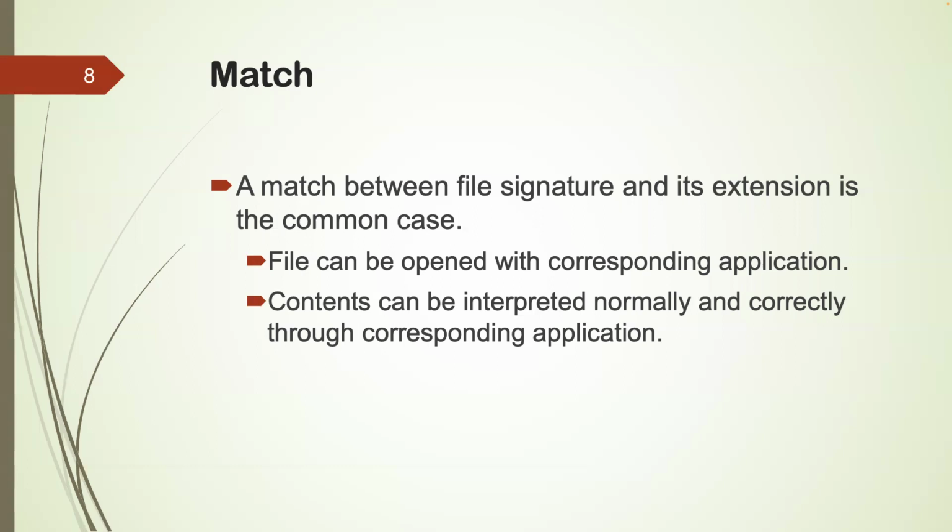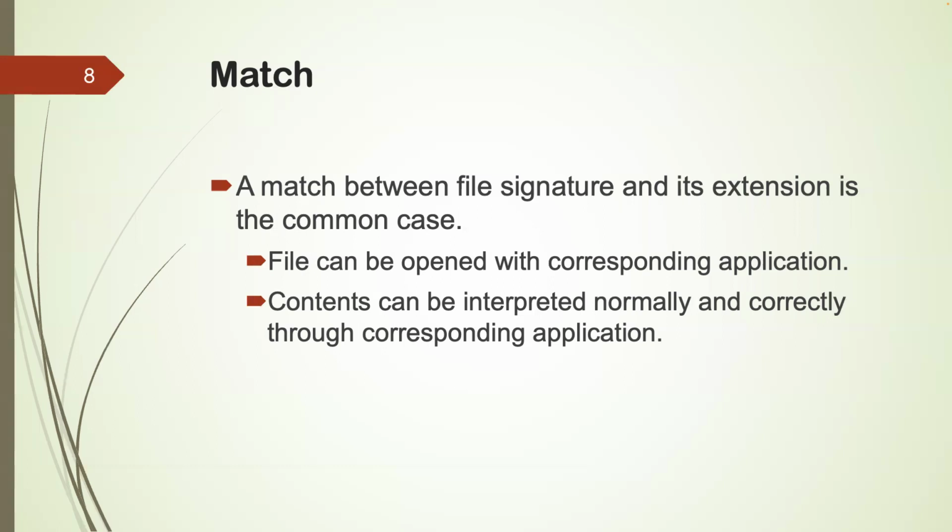Now, when that application opens the file, it will start reading the file, and it will first read the signature of the file. If the two things match, like you have a JPEG file or an image file and you open it with the Windows Photos app, the Photos app will read the file signature, and if it indicates that it's an image file, the application will show you the content of that image.